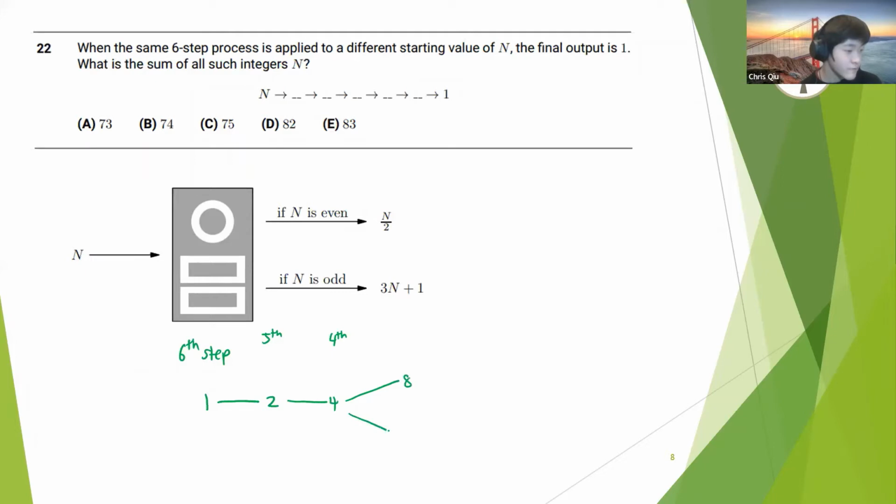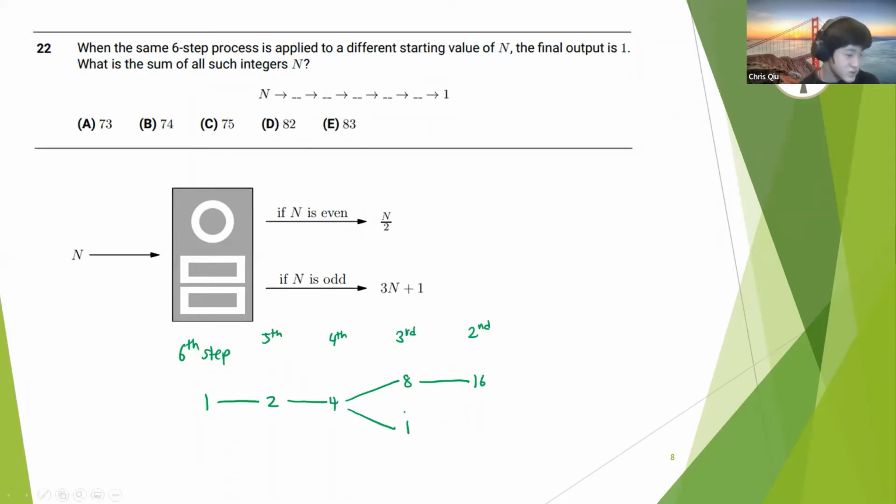For 4, you could have gotten 8 or 1 for our 3rd step. On our 2nd step, if we got 8 on the 3rd step, the only possibility is 16. You can check this because 8 cannot be written as 3n plus 1.